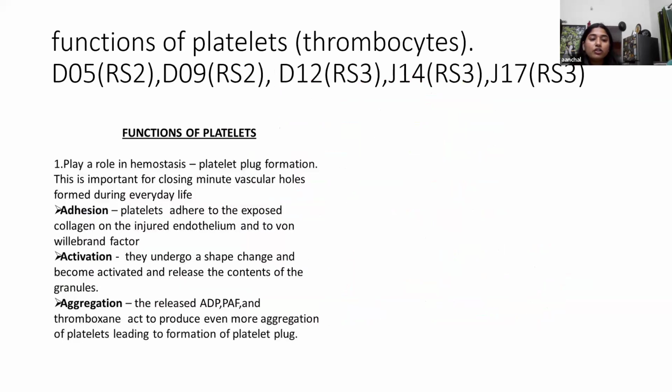Next we have the functions of platelets. The first function of platelets, very importantly, is hemostasis. We have already discussed that. Hemostasis is the temporary platelet plug formation, and we already discussed the 3 steps: adhesion, activation, and aggregation.